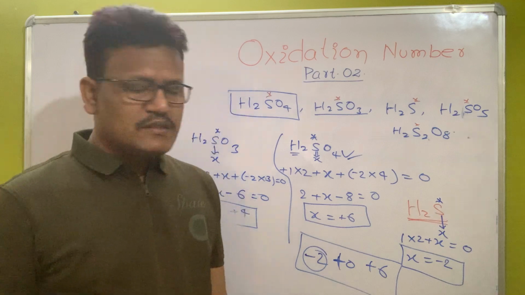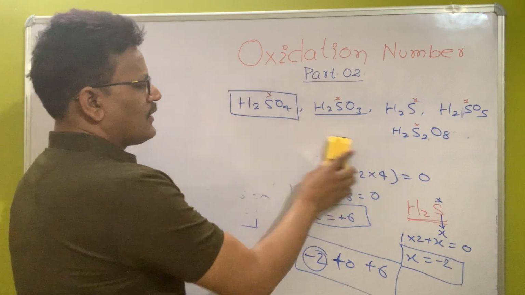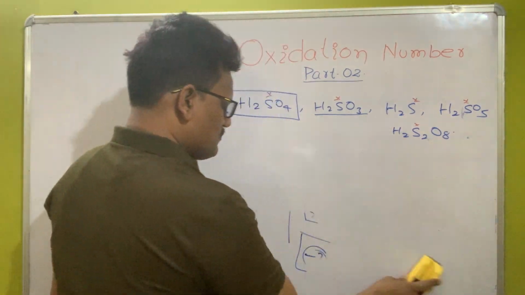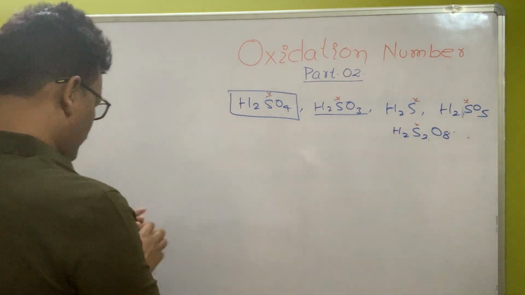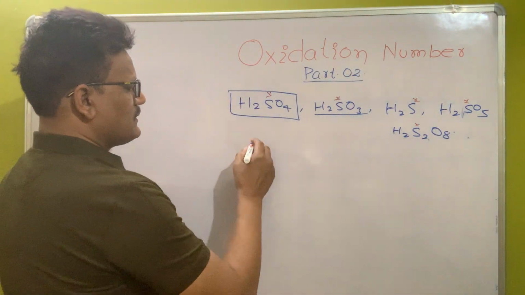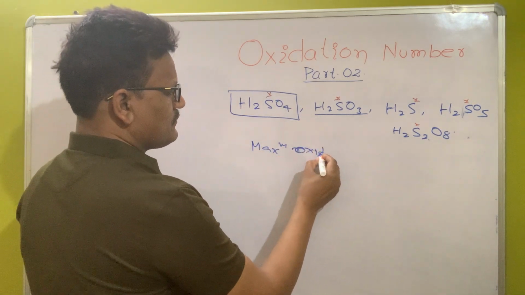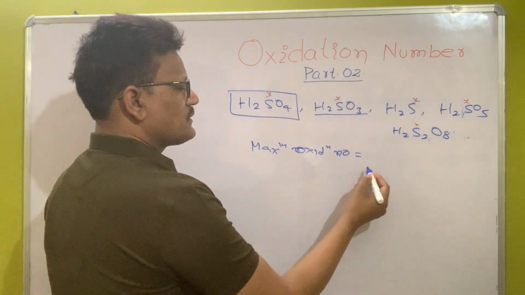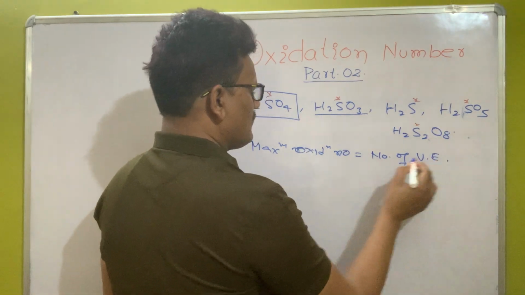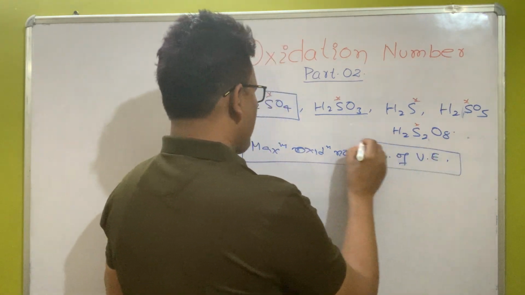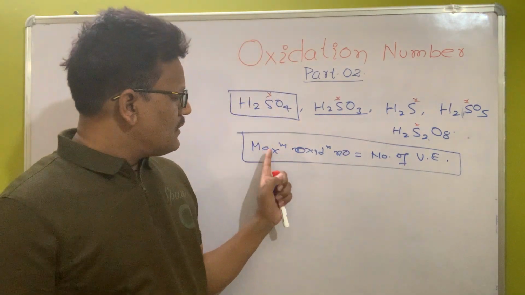You must remember the maximum oxidation number is equal to the number of valence electrons present in an atom. Maximum oxidation number equals the number of valence electrons. So if you know the number of valence electrons, we can say about the oxidation number.